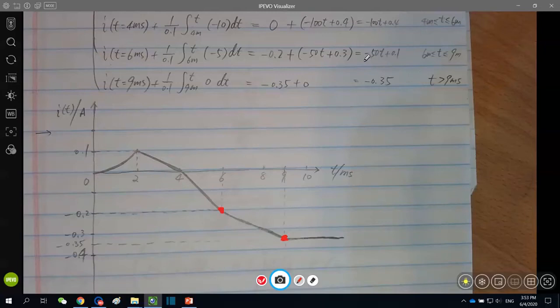Okay, so this is the fourth one. Last one, we see the integral is 0. However, like I said, the initial value is not necessarily 0. It turns out to be -0.35, a constant flat line parallel with the x-axis. Okay, so this is the current waveform.